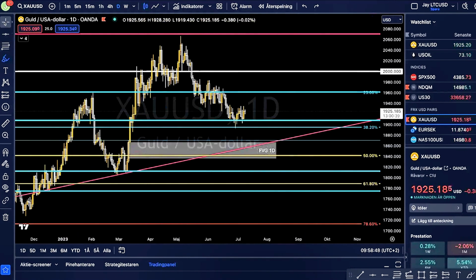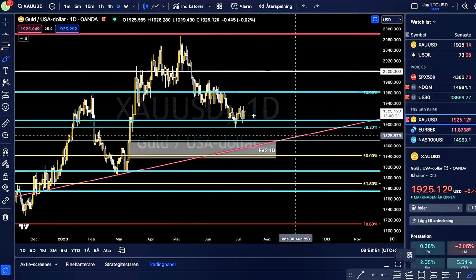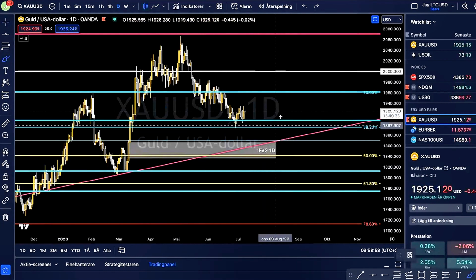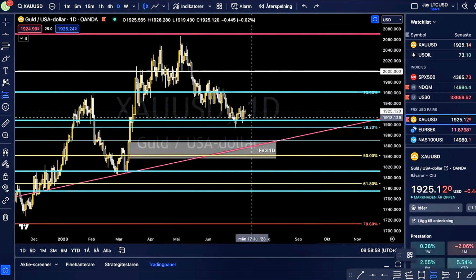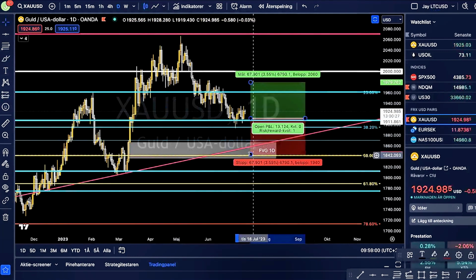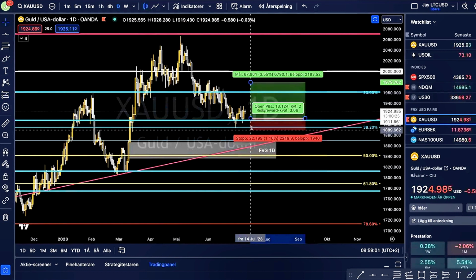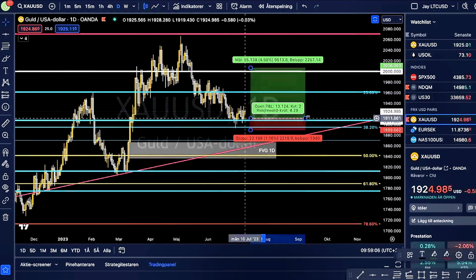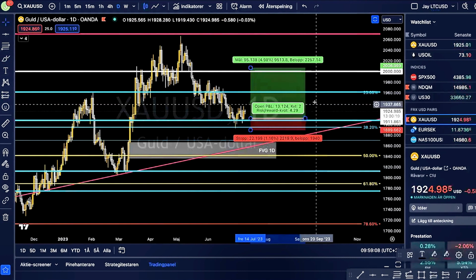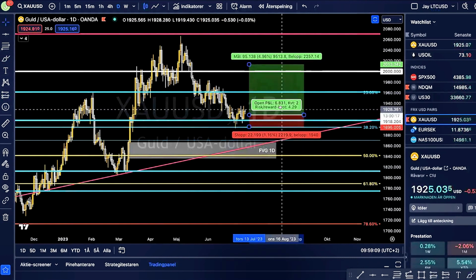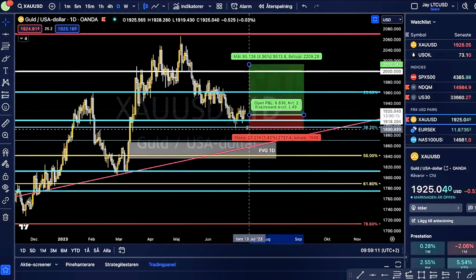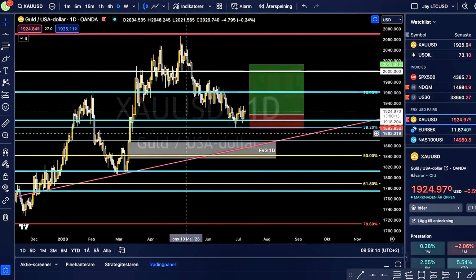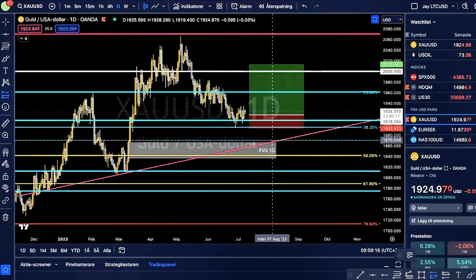So we have two options, as we always have. One option is going up and one is going down. But here is the thing. From here, I see two trades. I see either we bounce up from here, and now we will zoom in on the time frames to see if we can find some confirmation for this market going up from here, where we are right now, or we're going up from here.